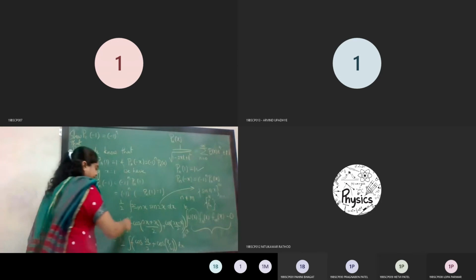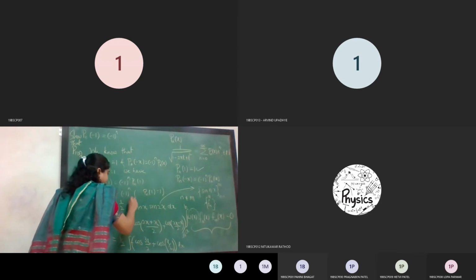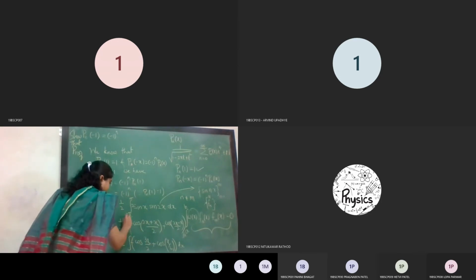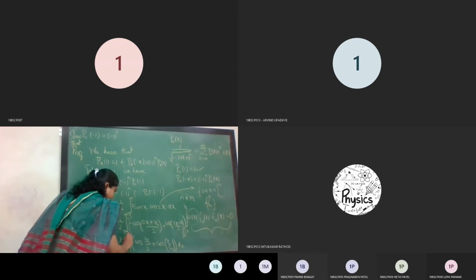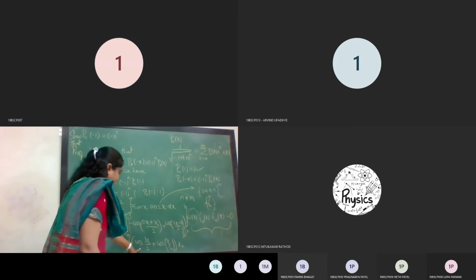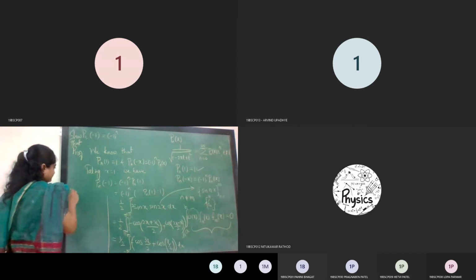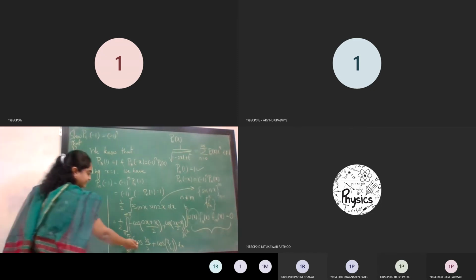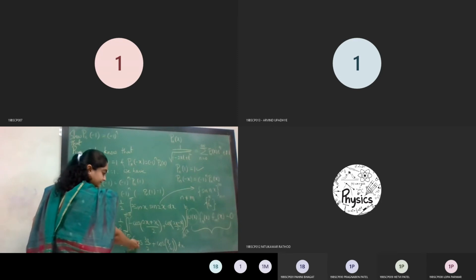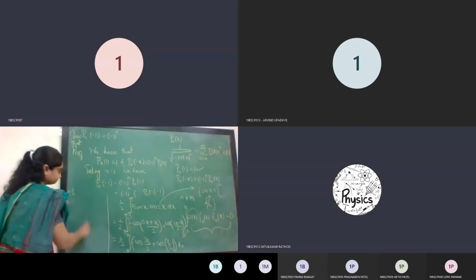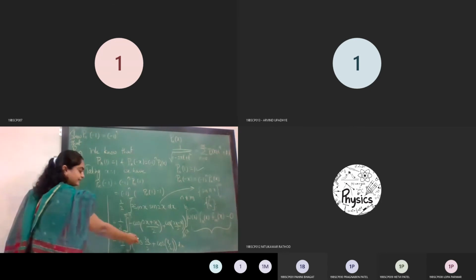So when I integrate this with respect to x from minus pi to pi, you can see what will be the integration. Minus 1 by 2 I can consider common, and then the integration of cos is sin. Minus minus becomes now plus.